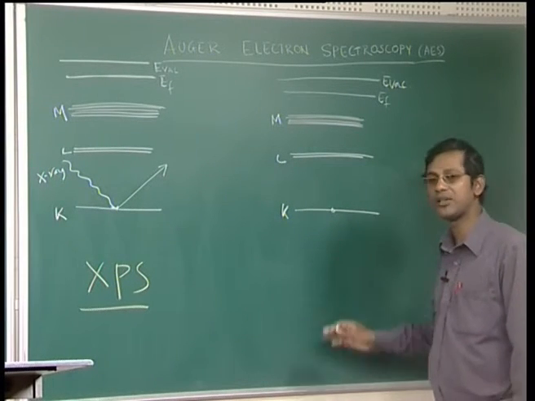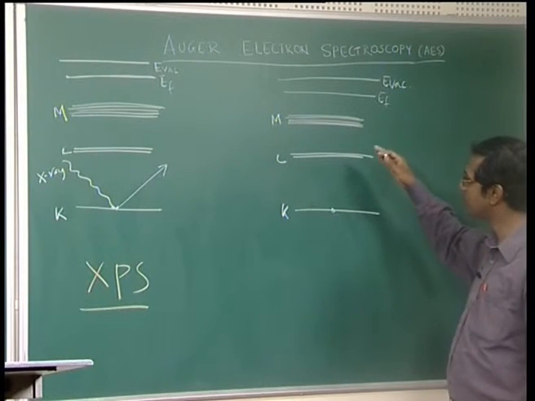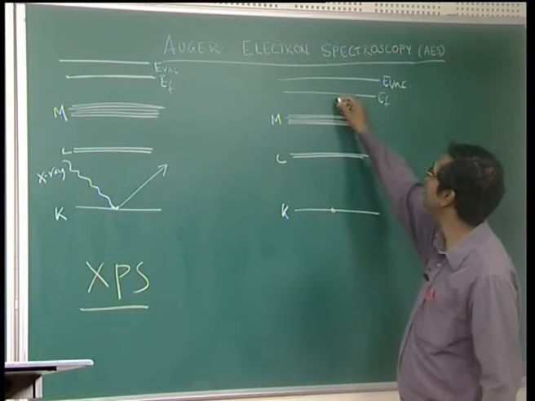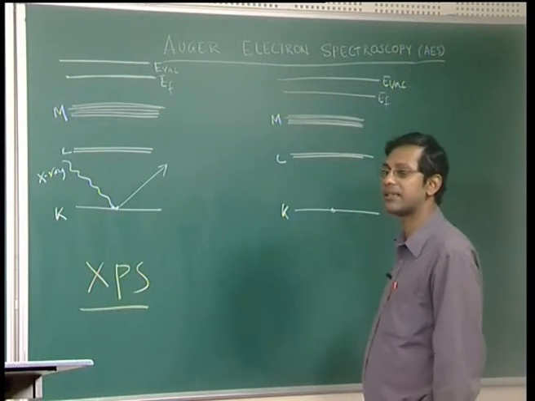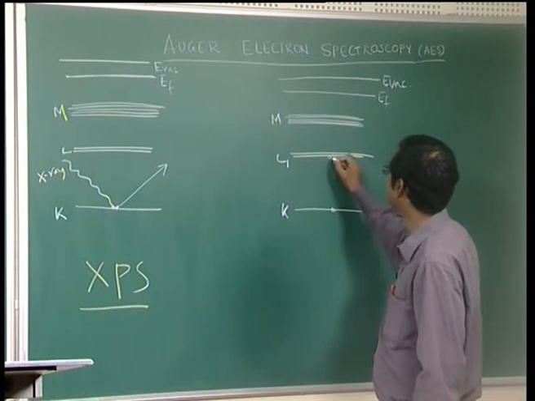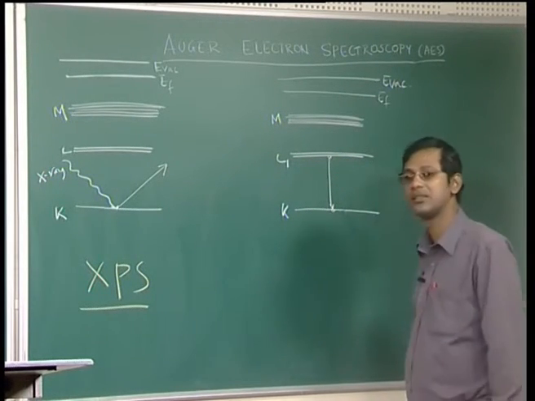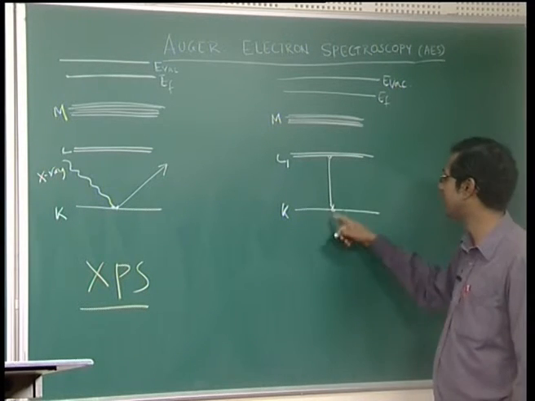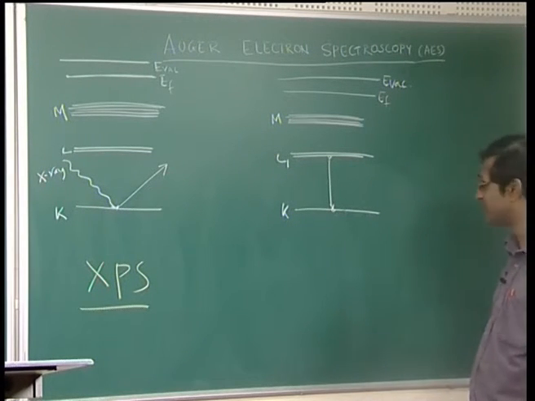So to come to a lower energy, some higher level electrons can jump. Suppose this L1 level electron can jump to the K level hole and fill this space.